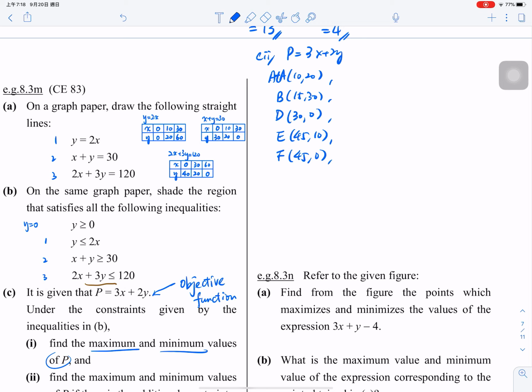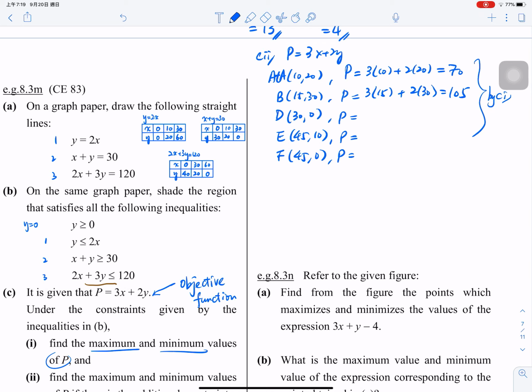So what are the values of P? So calculate. This one 70, 3 times 15 plus 2 times 30, so this one 105, or you can say this is the same as C1. So 90. Another 2 you need to calculate.